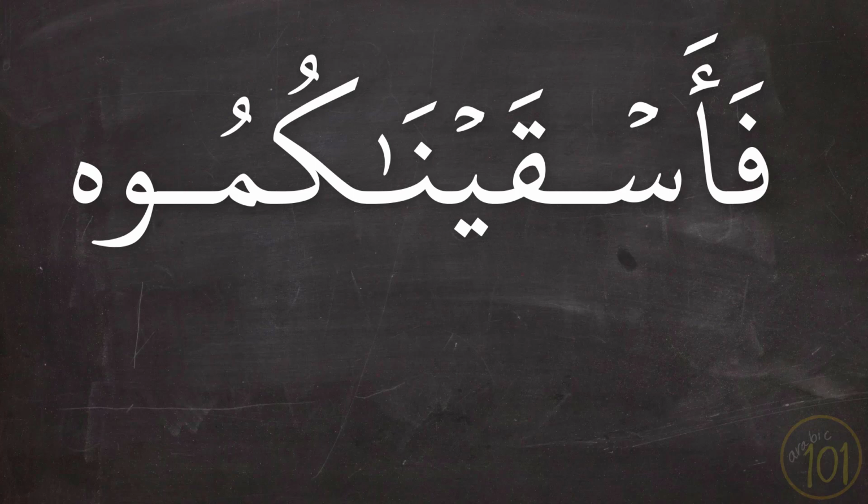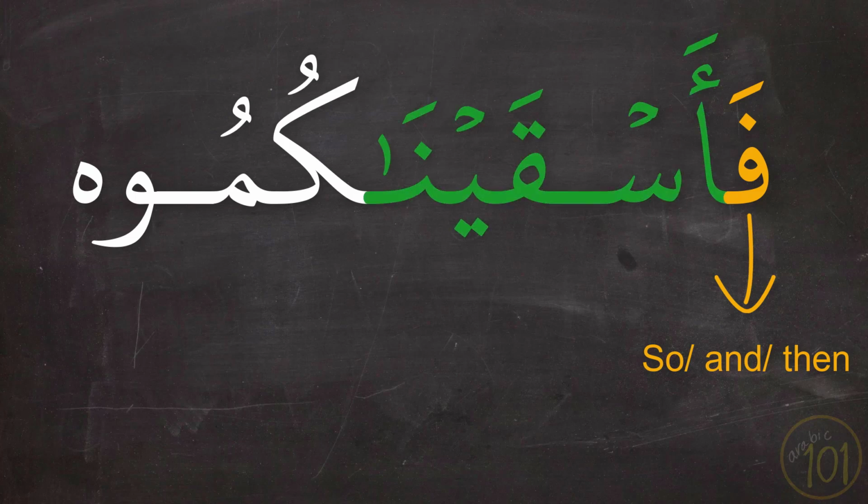Here it starts with fa, which means so or then, which we learned in 50% of the Quranic vocabulary. And the verb, as you see in green, is asqaynā. And the verb ends with two suffixes following one another.